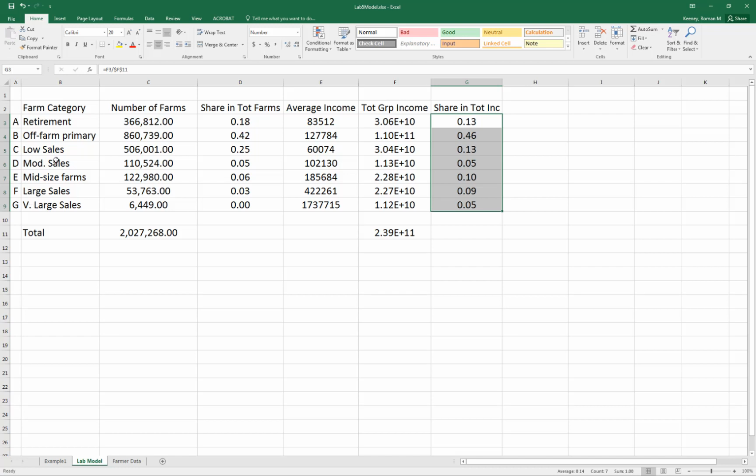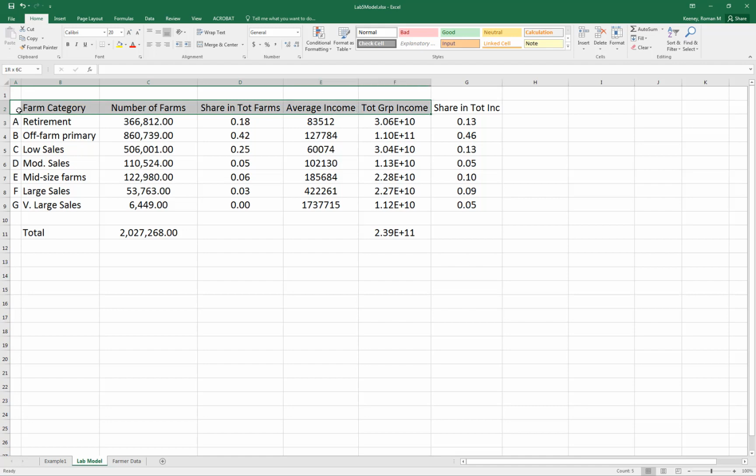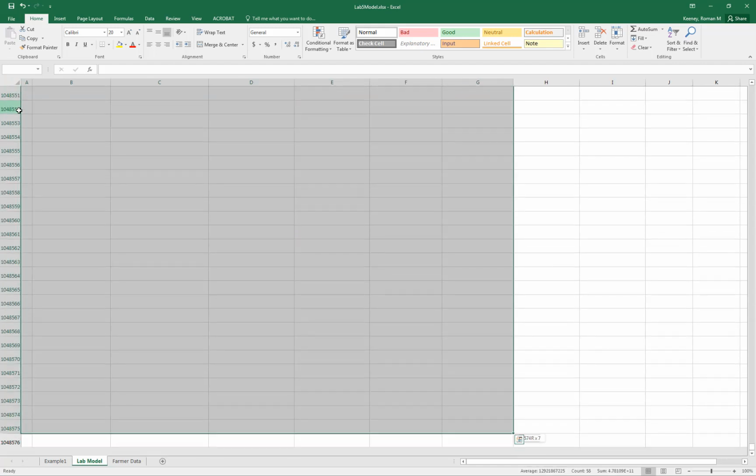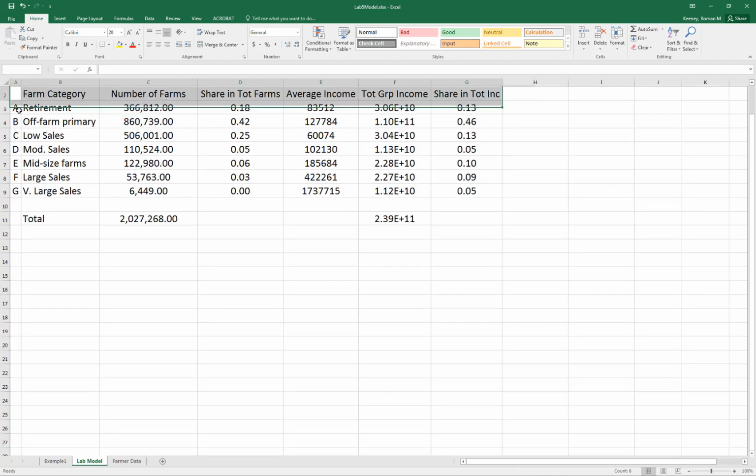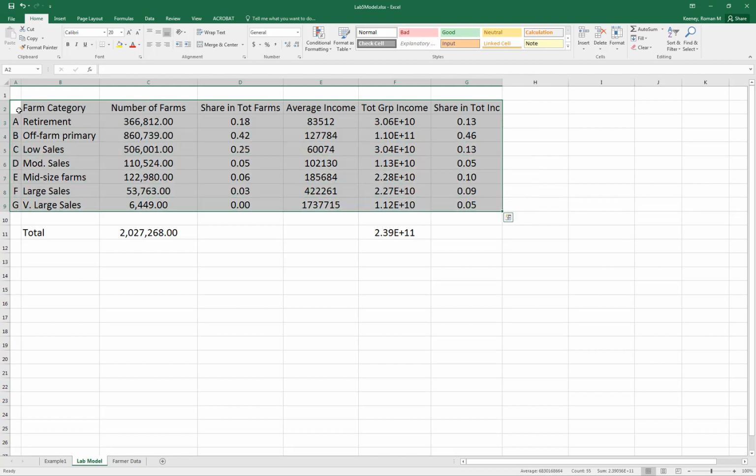So this becomes a row that I could use to reorient or to unsort the data. But we're going to need to sort the data from lowest to highest average income, okay?